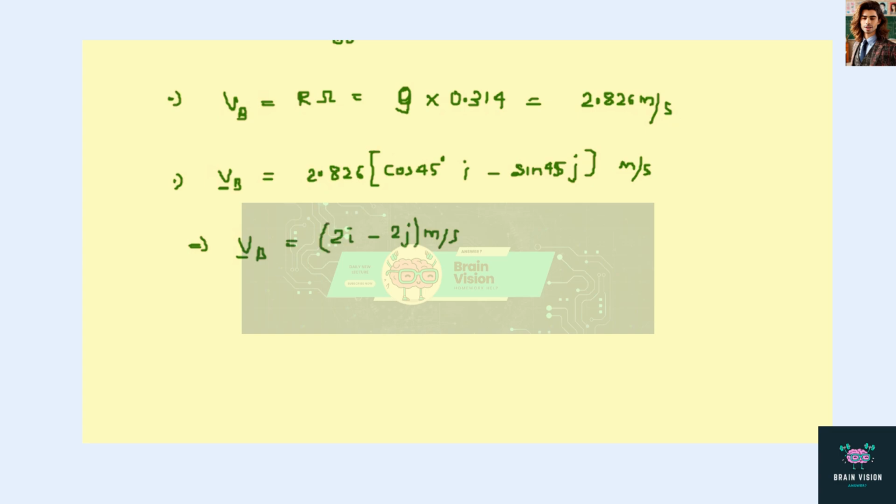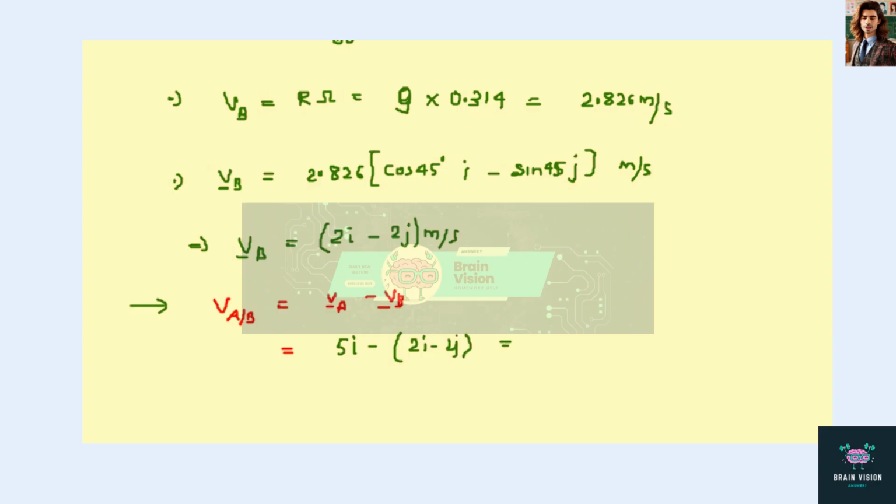Now let us calculate the relative velocity of car with respect to observer. So we will write velocity of car with respect to observer, that is VAB, is equal to VA minus VB. So let us put the values here. VA is 5i minus VB is 2i minus 2j.